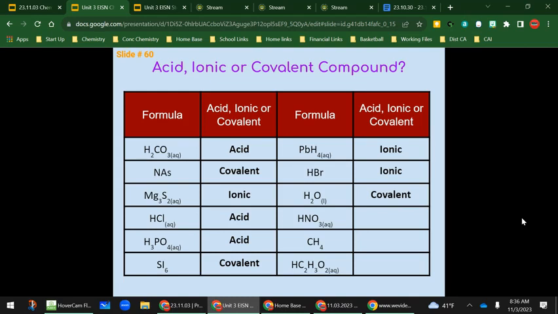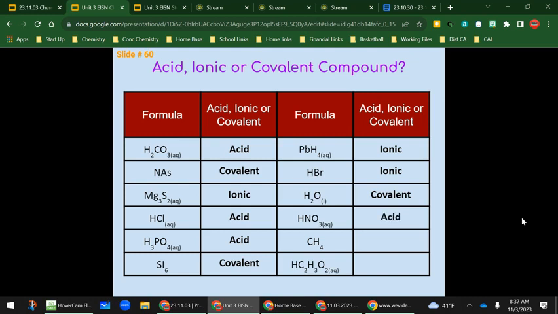Again, if there is a metal at the beginning, it has to be ionic. If there is a nonmetal at the beginning, it has to be covalent. Hydrogen can fool you. It can act like a metal, it can act like a nonmetal. The reason we're saying this is covalent is because hydrogen is actually sharing electrons with oxygen, and oxygen is sharing electrons with hydrogen.